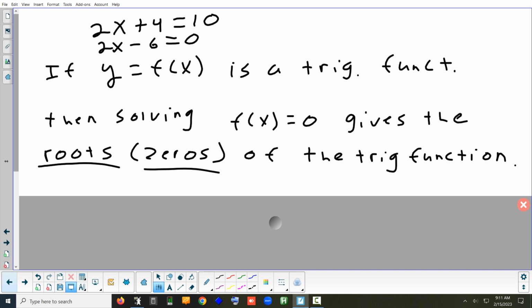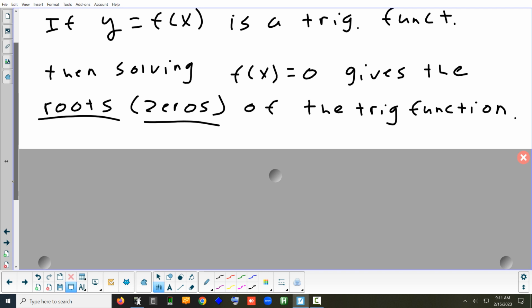We're going to be solving for roots of trig functions. When trig functions are involved, there's usually more than one answer. Sometimes there's one, but there's usually more than one, especially if we consider that it goes on forever. So when I say more than one answer, I mean usually more than one answer per cycle.